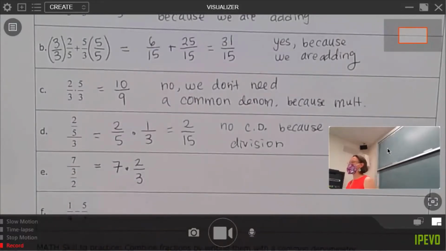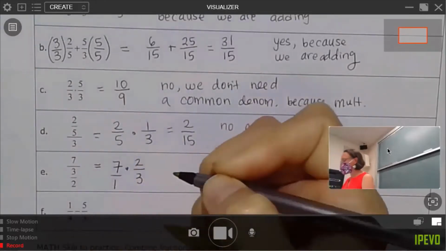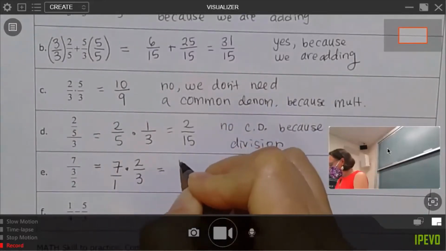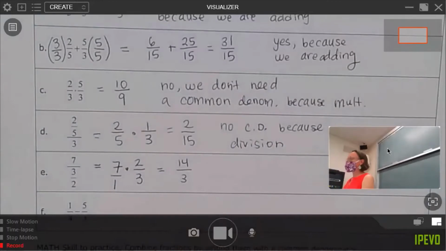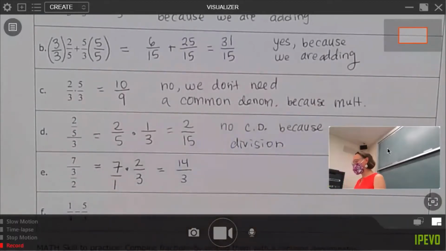If it helps you to see what's going on by writing this as 7/1, that is totally fine. You don't have to write it as 7/1, but since that 7 started in the numerator, it is still in the numerator, even once you make that into multiplication.